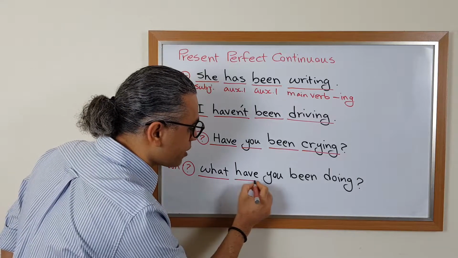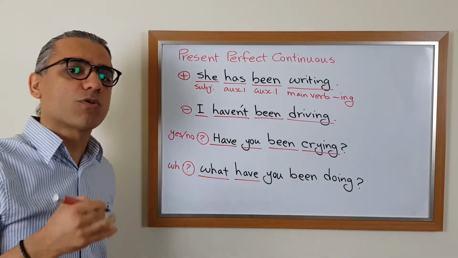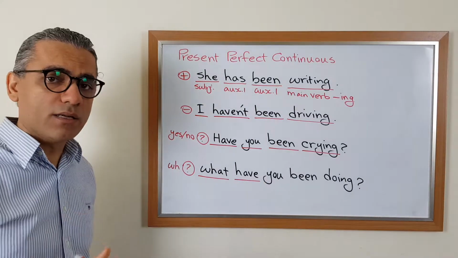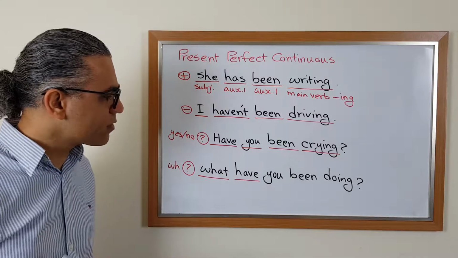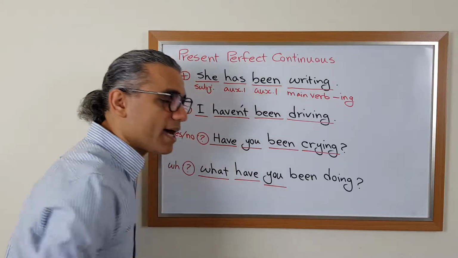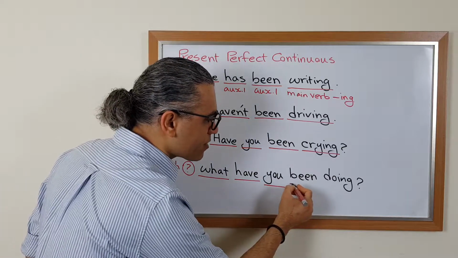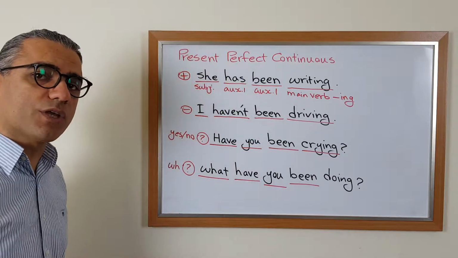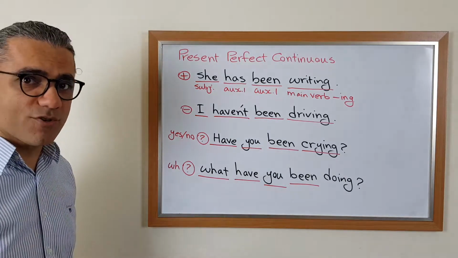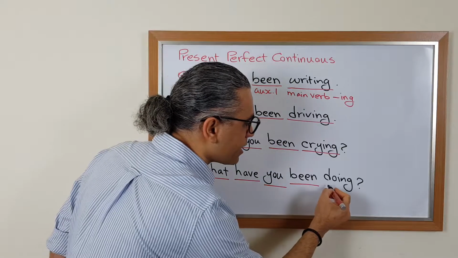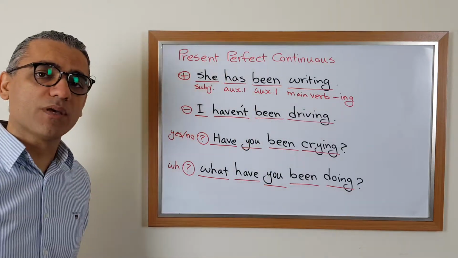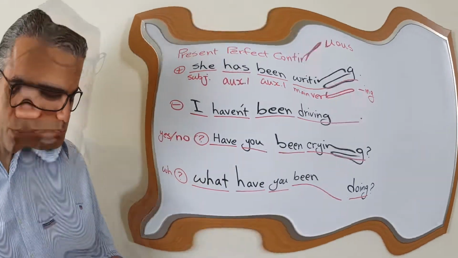And after that, we have our first auxiliary verb. Again, the same rule. I have, you have, she has, he has, and so on. And then we have our subject. After the subject, we have our next auxiliary verb, which again never changes in present perfect continuous. It is always been. And in the end, we have our main verb in ing form.